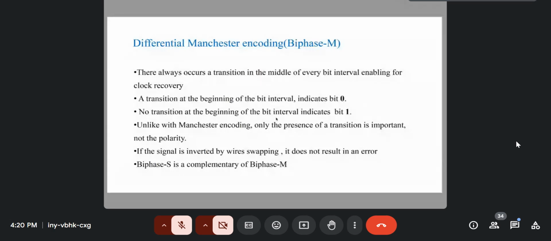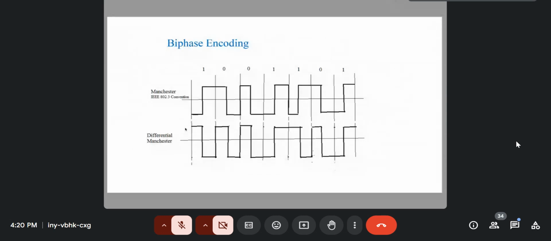Yeah, this one doesn't have two versions. The version is a transition at the beginning of the interval indicates a bit 0. No transition, a bit 1. So here, if there is no transition at the beginning, we have started from differential, we started from positive.